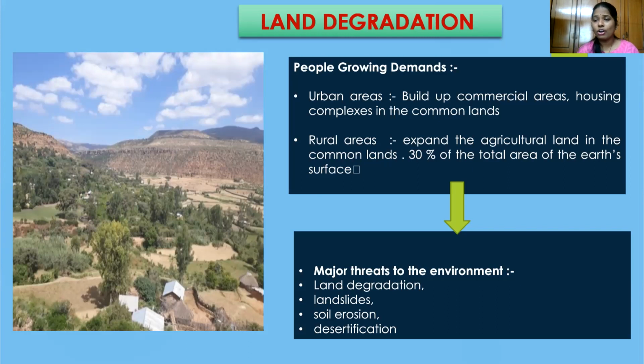What is the threat to the environment? Land depletion, the quality of the land is degrading, landslides are also there, and soil erosion. The soil is getting eroded because we're changing the pattern. We're cutting the trees, deforestation is taking place, and also desertification. These are the threats to the environment because of the growing population demand.